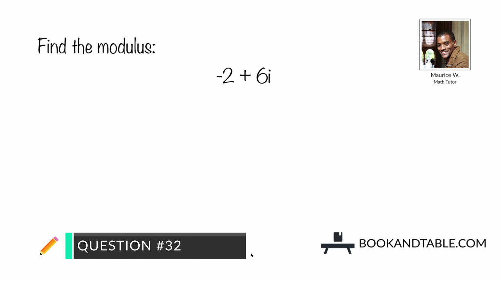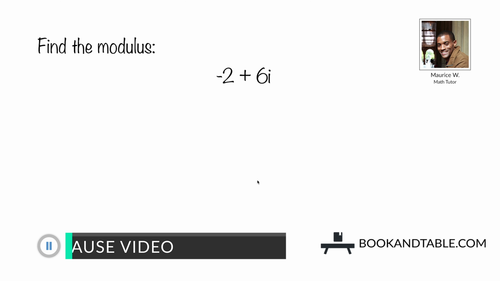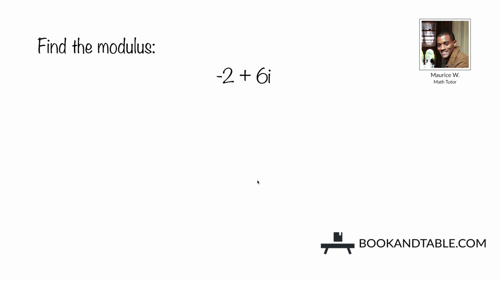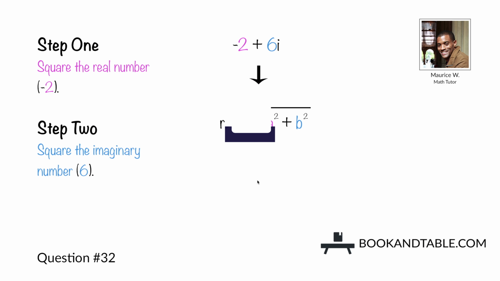Let's have a look at question number 32. Find the modulus of negative 2 plus 6i. Pause the video, answer this question, and then press play when you are ready to begin. So we have the complex number negative 2 plus 6i.